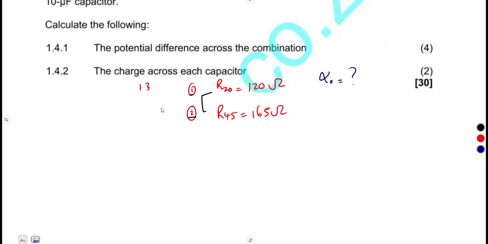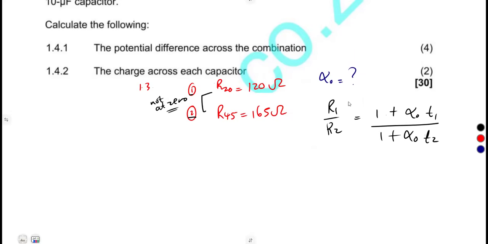The formula states that R1 over R2 is equal to 1 plus the temperature coefficient at 0 times temperature 1, over 1 plus the same at 0 times temperature 2. So resistance 1, temperature 1, resistance 2, temperature 2, just like that.